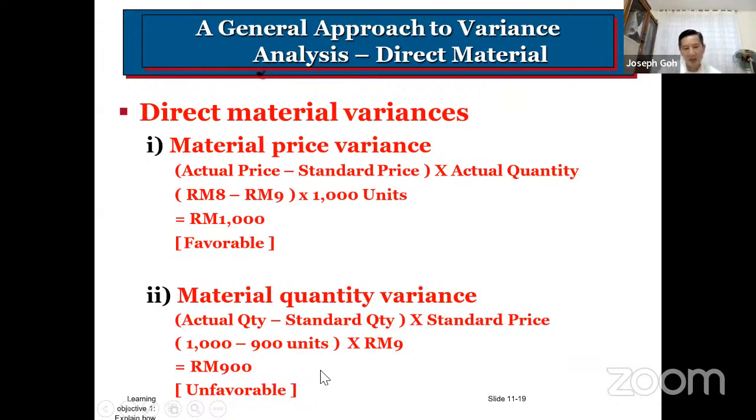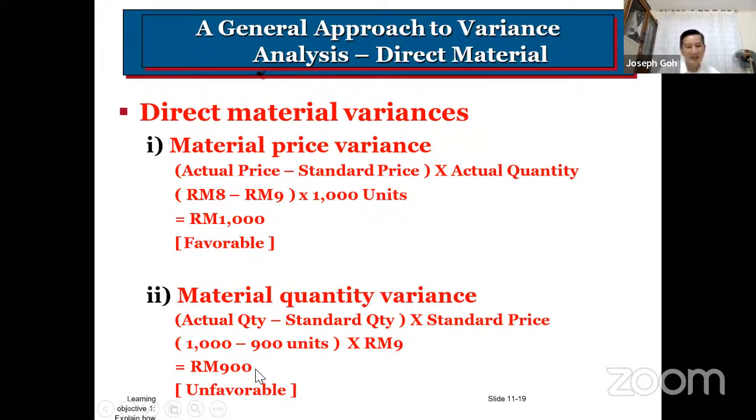Why is it an unfavorable variance? It's because you set the standard to produce this product at 900 units, but you actually use up 1,000 in order to produce product A. So you overspend by another 100 units at the price of 9 ringgit.